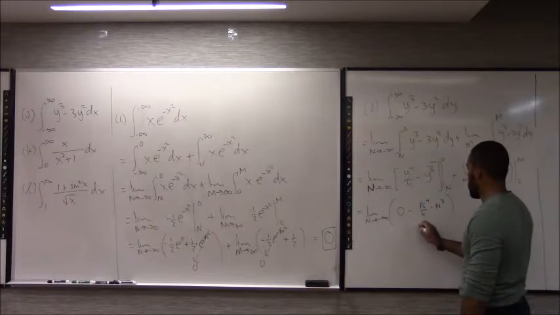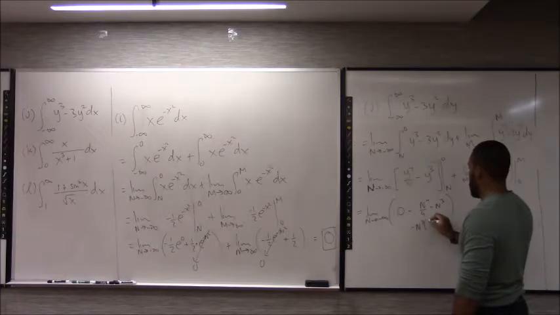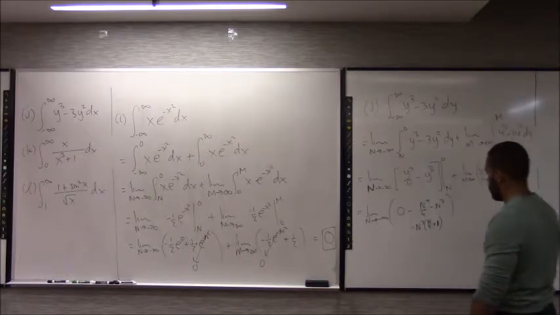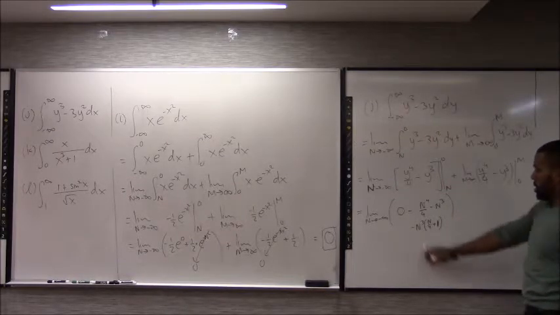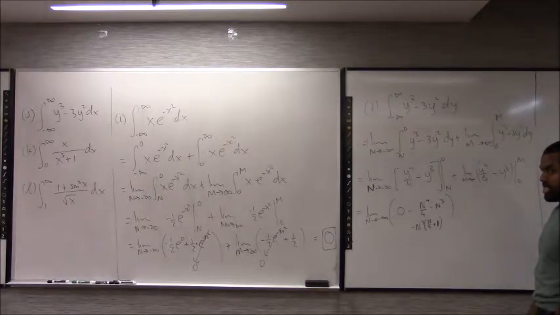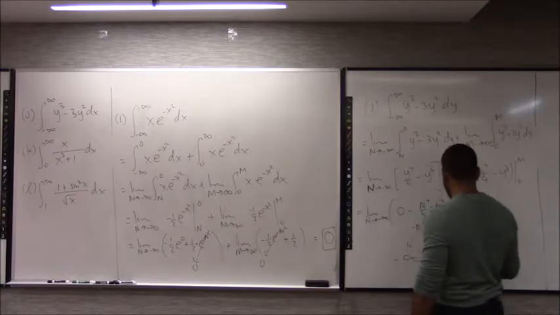One way you can think of that is n cubed times n over 4 minus 1. So this becomes negative infinity times positive infinity, which is not indeterminate, that's actually just negative infinity. So this one diverges.